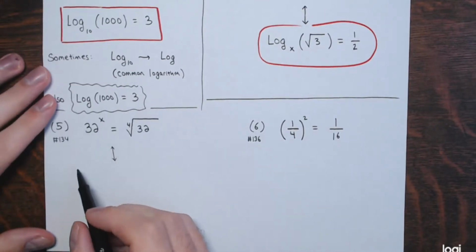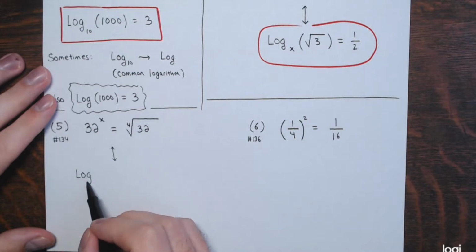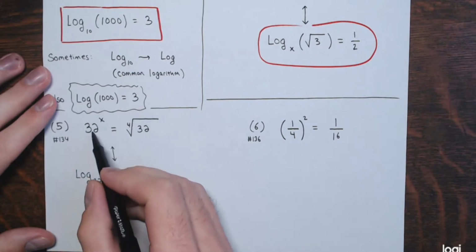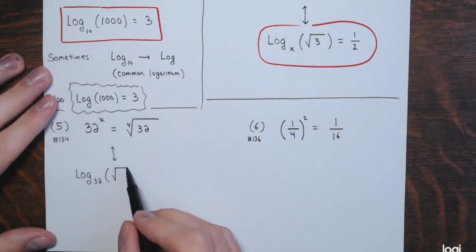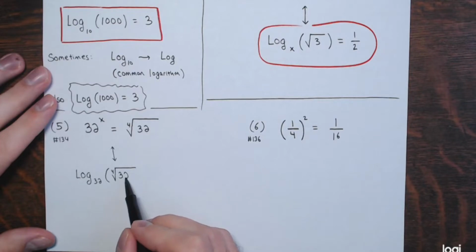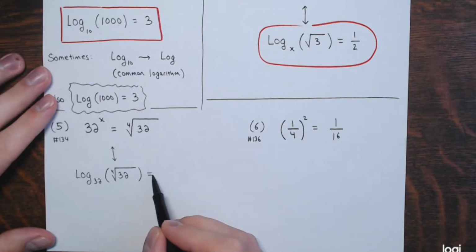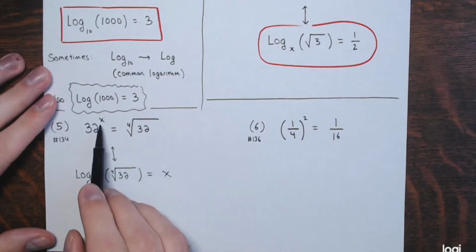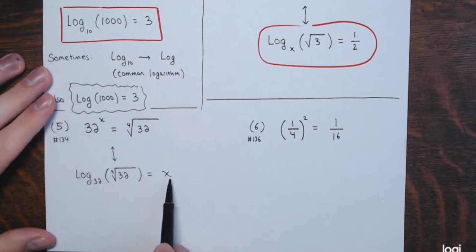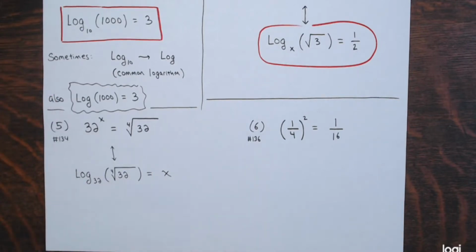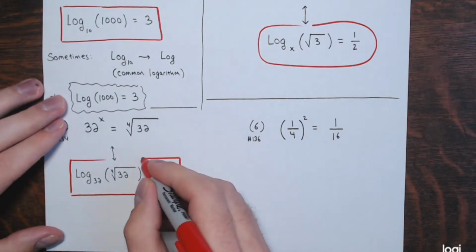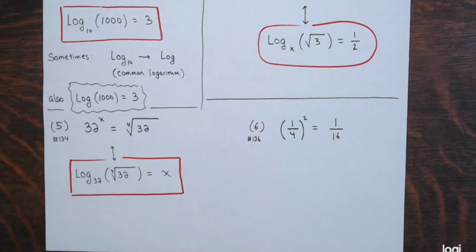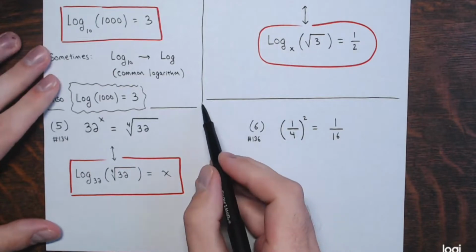So this is the log base 32, that was the base on this exponent, of the number on the other side, the fourth root of 32, is the input of the log, equals x, the exponent. Logs equal exponents. And that's all. Now eventually we'll see stuff like this and actually solve for x. But for right now, we're only asked to change forms.